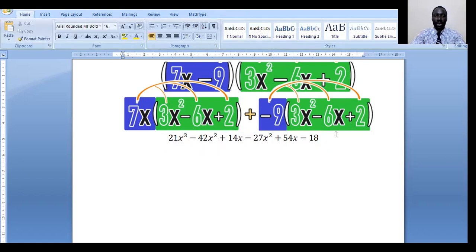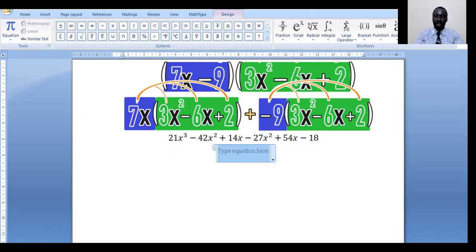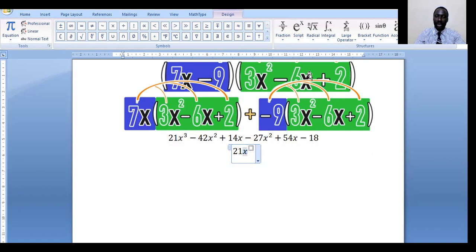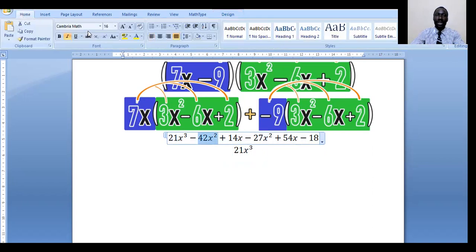So this is what we got so far. Now notice that 21 is the only term with x cubed, so it's not going to be added to any other quantity. We just put it separately as 21x cubed. Now notice that negative 42x squared and negative 27x squared are like terms.